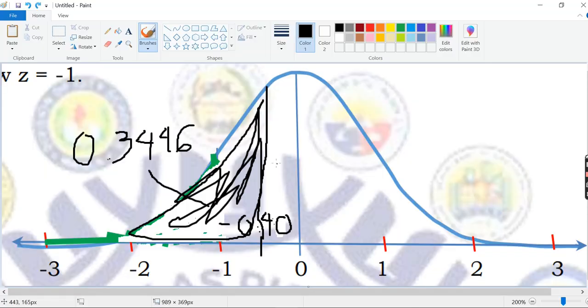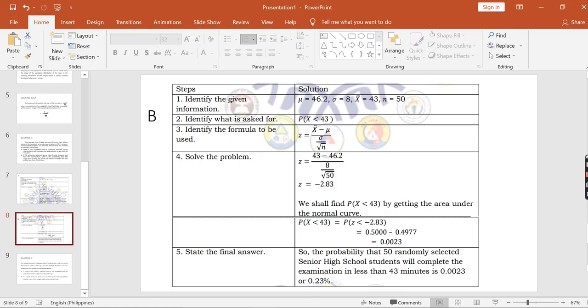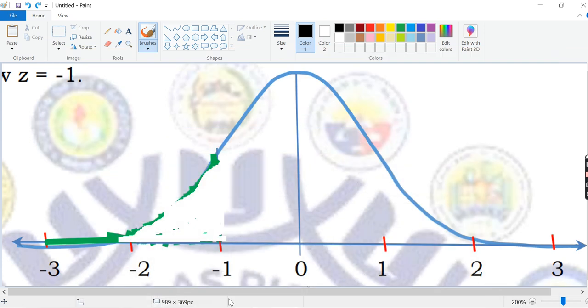So let's revert this back and remove the values that we put. Now, where is negative 2.83? I think it's kind of here. No, it's not close.